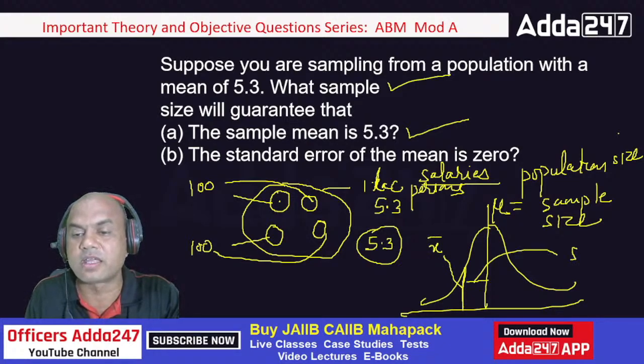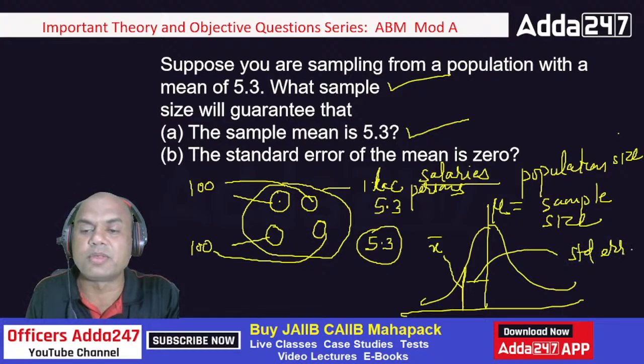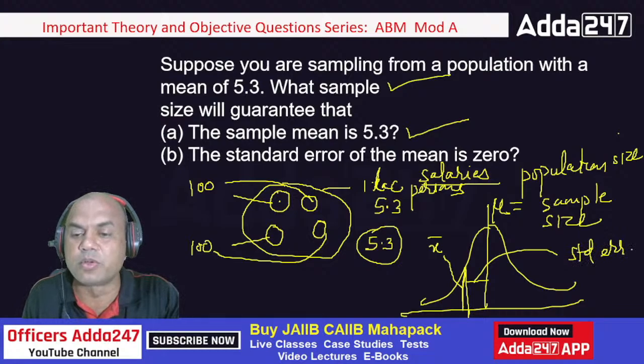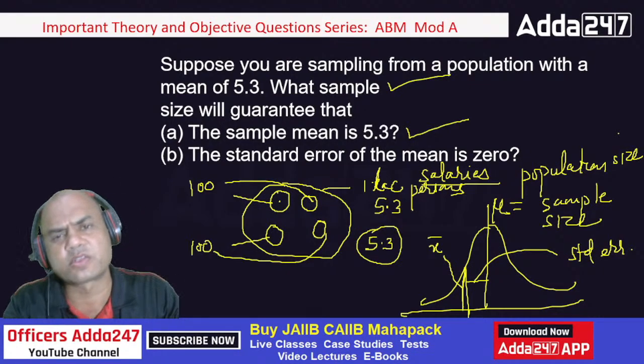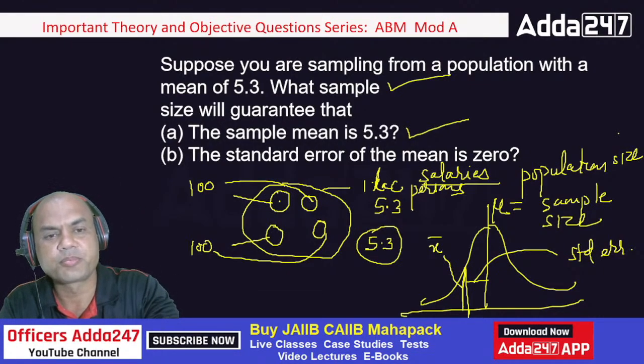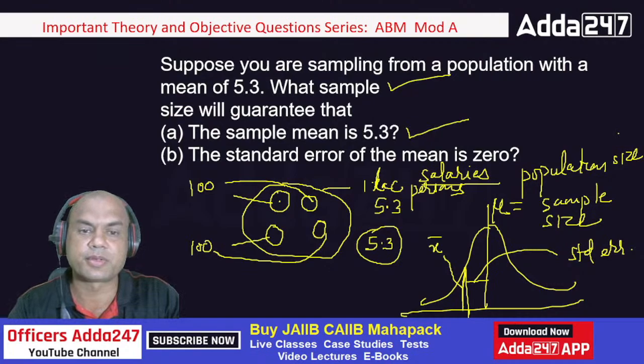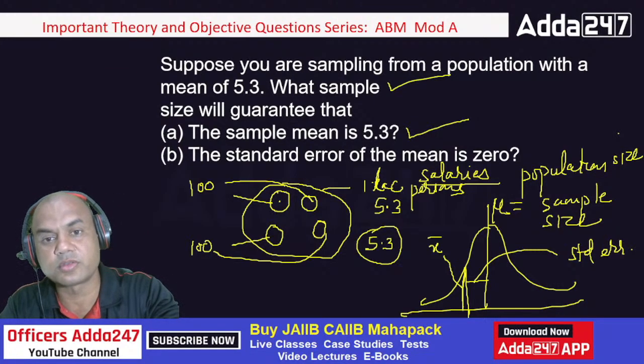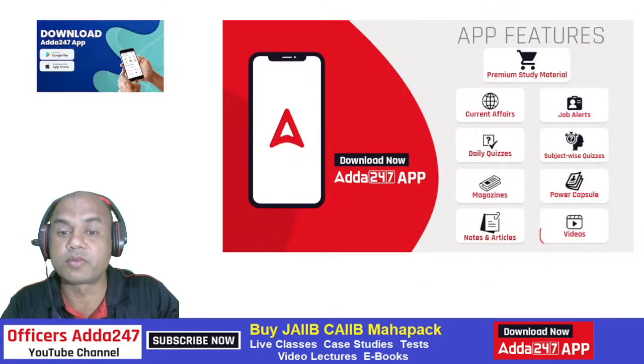But if x bar and mu are the same, 5.3 and 5.3, then the standard error is 0. So standard error will be 0 when the population size equals the sample size. So the answer for both is the same. Everyone clear with this concept? Move on.